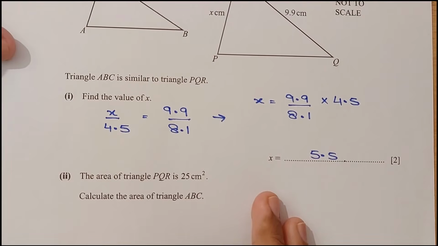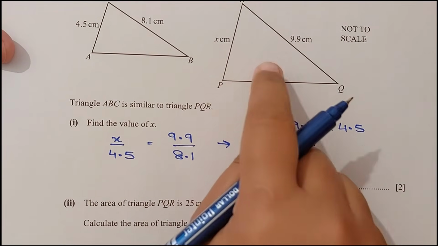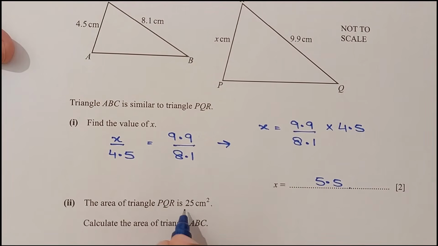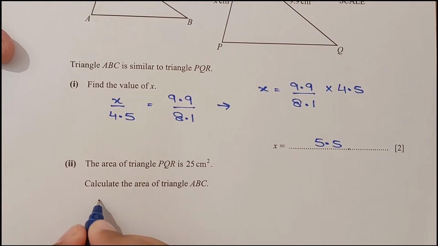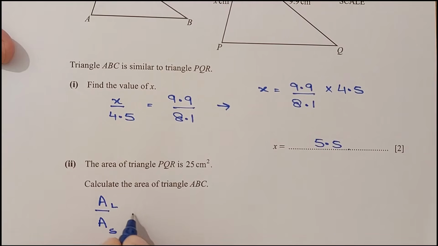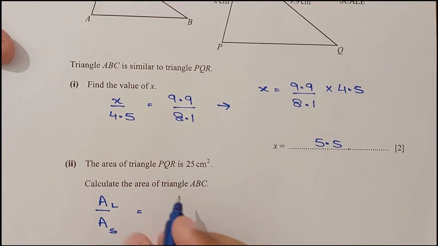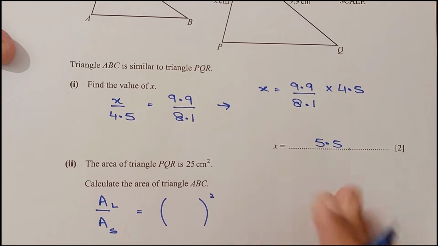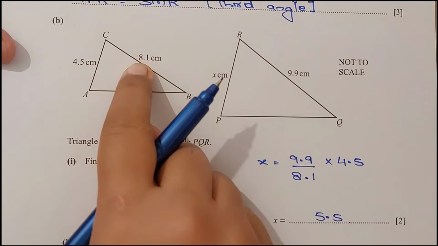Now for the second part, the area of the triangle PQR is 25 centimeters square. Calculate the area of the triangle ABC, right? So area of large triangle divided by area of small triangle: when two triangles are similar, the ratio of areas is the square of the ratio of the corresponding sides, right? So we can compare the sides 9.9 and 8.1.